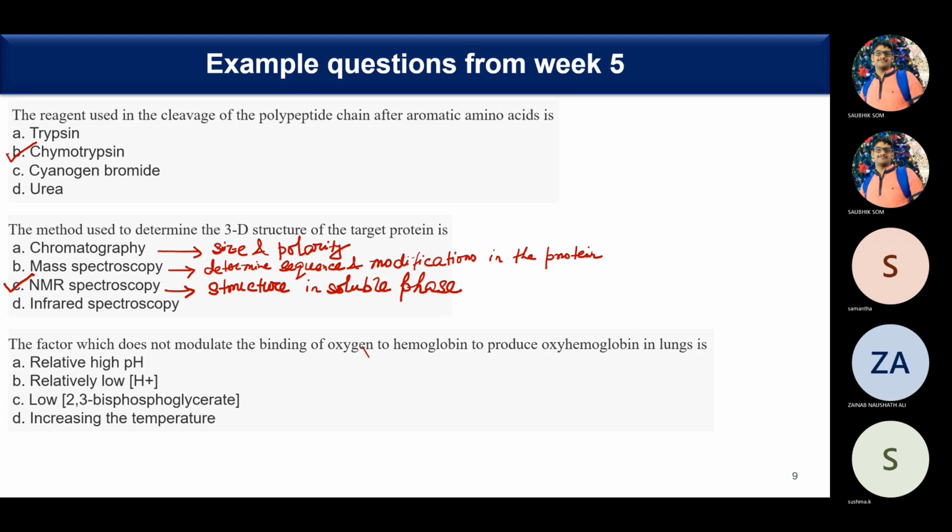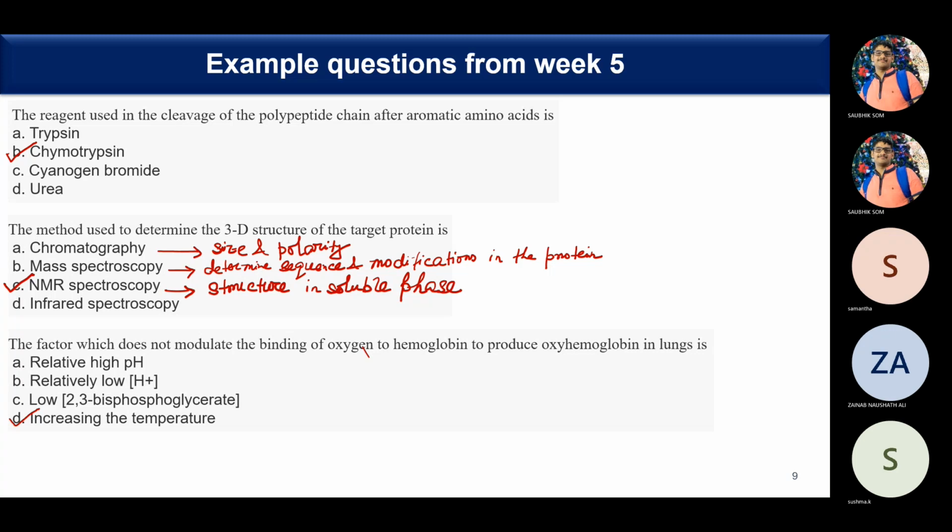I think there is a problem in this. So the correct answer is increasing the temperature, and yeah, fine.